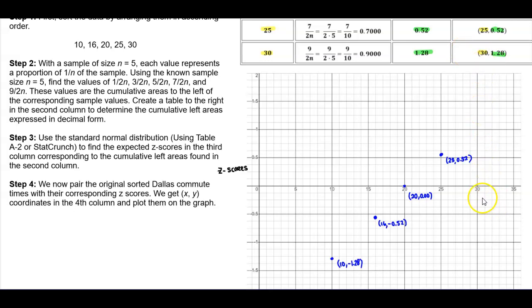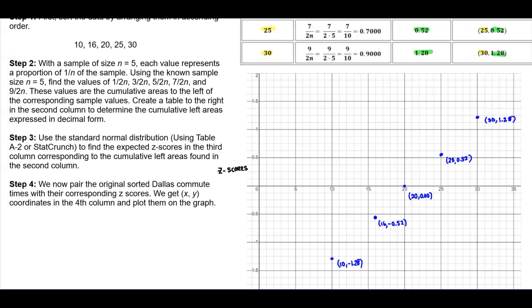And then we have 30 and then 1.28. So if we go to 30 and then about 1.28, it is actually just a little bit above that. So that is 30 and then positive 1.28.